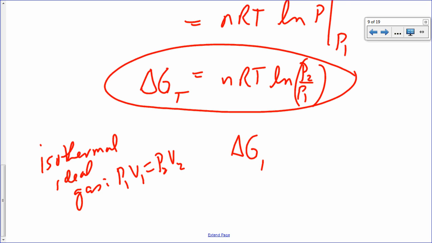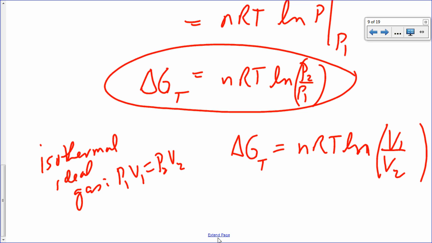So we can also say delta G at constant T is nRT ln V1 over V2. Since from here you can say that P2 over P1 equals V1 over V2.